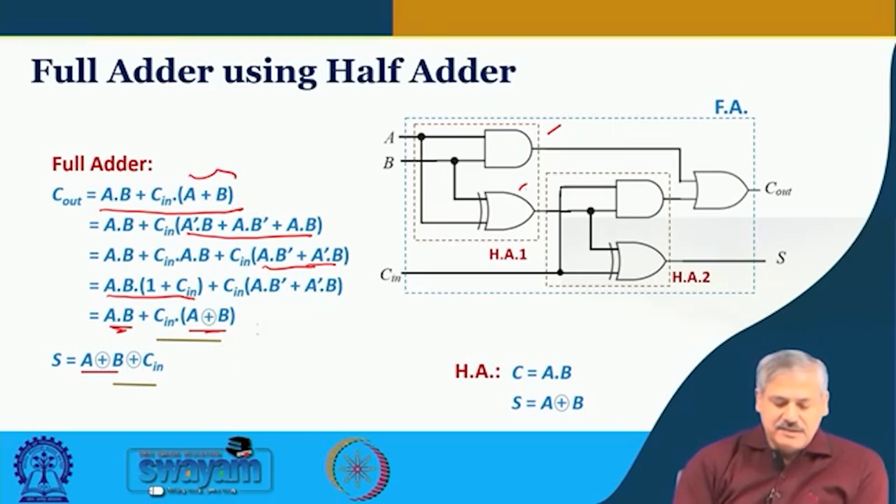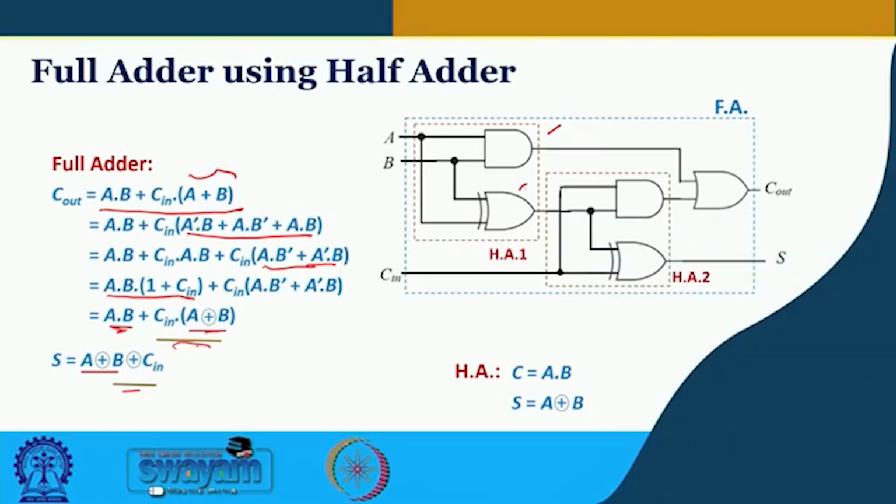And then the rest of the terms, that is A XOR B, which is already generated, is to be ANDed with C in here, and for the sum generation this A XOR B is also XORed with C in. This can come from another half adder block.